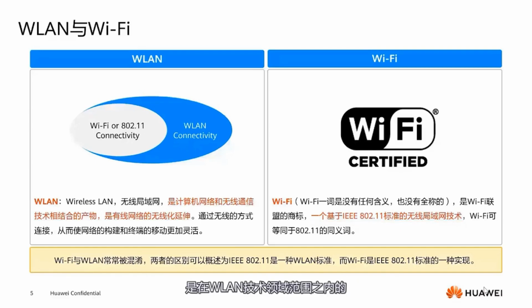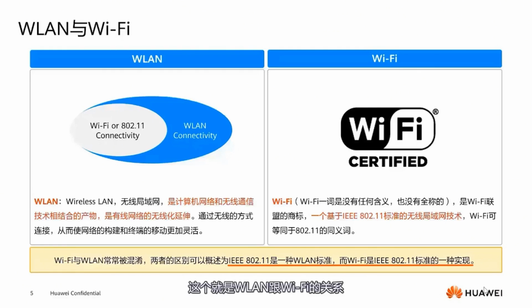Another point is that the term Wi-Fi has no meaning and no full name. It is mainly used as a trademark of the Wi-Fi Alliance. Just remember that Wi-Fi is the name of an organization. The difference can be summarized as IEEE 802.11 being a WLAN standard, while Wi-Fi is an implementation of the IEEE 802.11 standard. This is the relationship between WLAN and Wi-Fi. Don't get confused about this later.